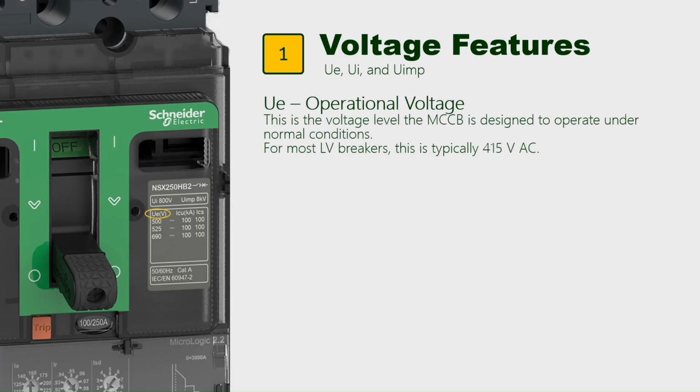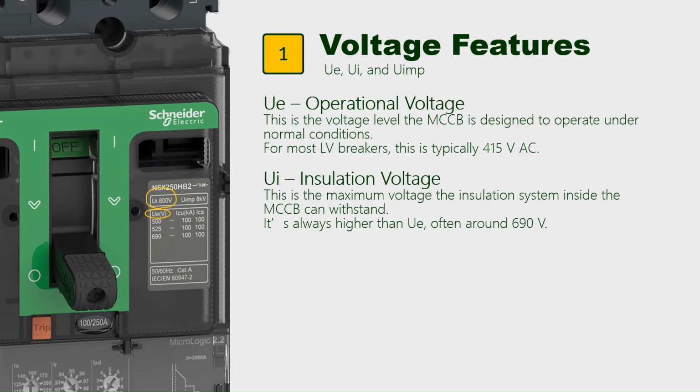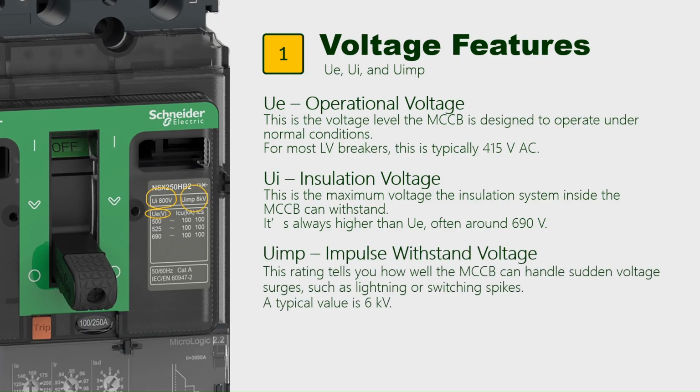UE, operational voltage. This is the voltage level that an MCCB is designed to operate under normal conditions. For most LV breakers, this is typically 415 volts AC. UI, insulation voltage. This is the maximum voltage the insulation system inside the MCCB can withstand. It's always higher than UE, often around 690 volts.